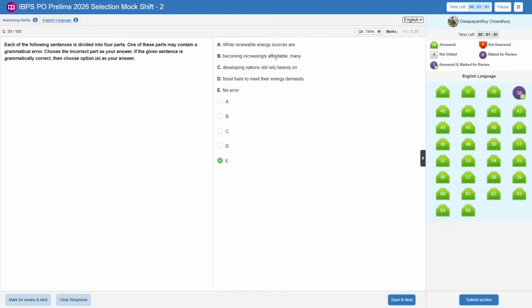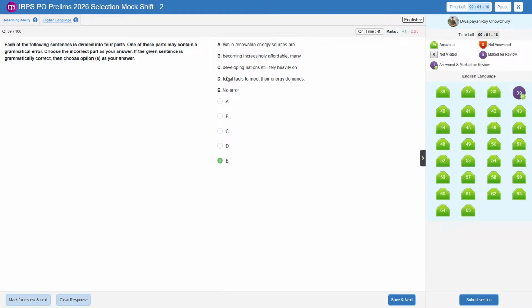Yeah, increasingly affordable is a word, but are becoming. Many developing countries or nations still rely heavily on fossil fuels. Fuels is a word, I guess. Fossil fuel. I mean, if they say that fuel is fuel, another thing.